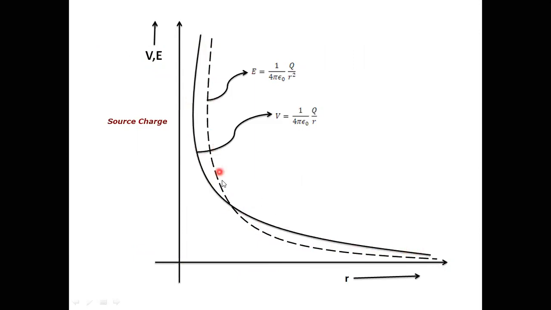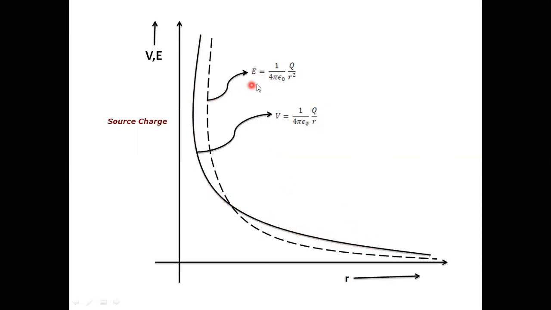The dashed line is the graph for electric field, and the solid line is the graph for electric potential. As electric field is inversely proportional to R square, you have this dashed line as the graph. As potential is inversely proportional to R, this is the graph for your potential.